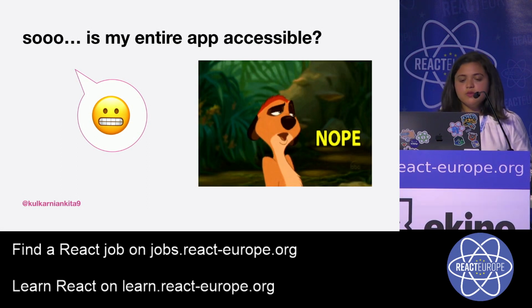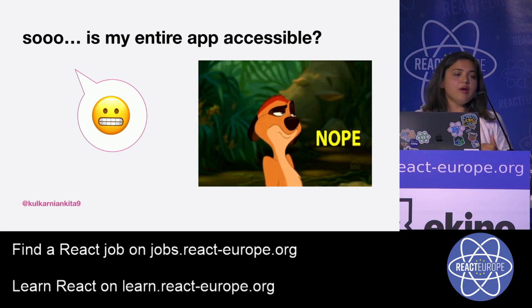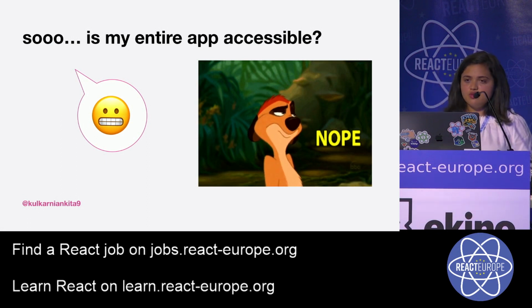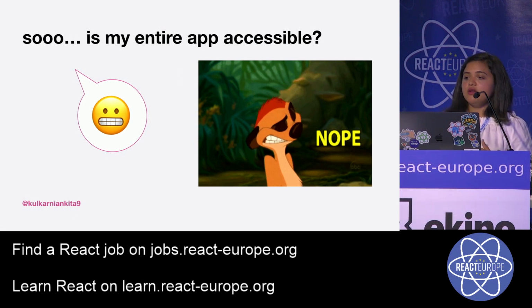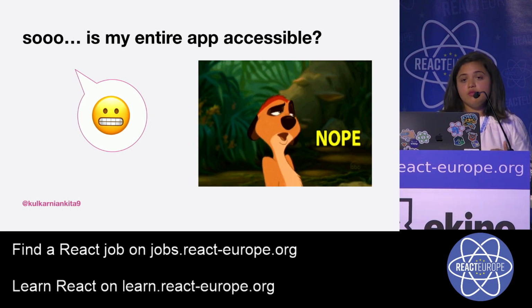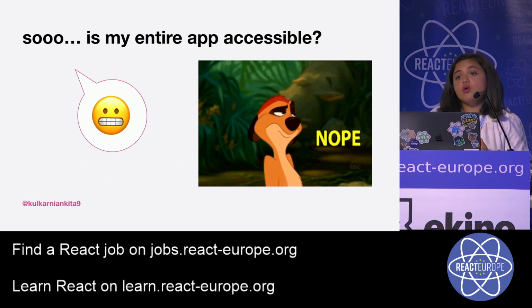Probably not. Even if I'm making all these individual components accessible, for example, a button, I still need to make sure how that button is going to interact with the form elements when I'm on the page. So that's why it's very important that we start seeing how they're going to work together.